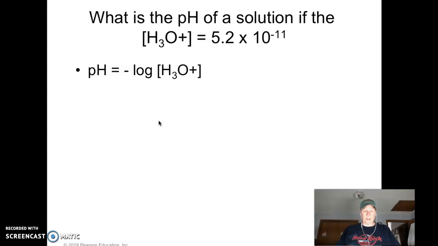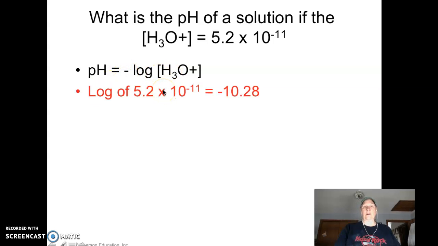Sorry. You'll have to discover what your calculator does because mine's a little different. So I write 5.2 negative 11 and then I hit log. And I get, it's going to be a negative number, you guys, negative 10.28. Okay, see the negative here? So they cancel each other out. Okay, that's all you have to do.